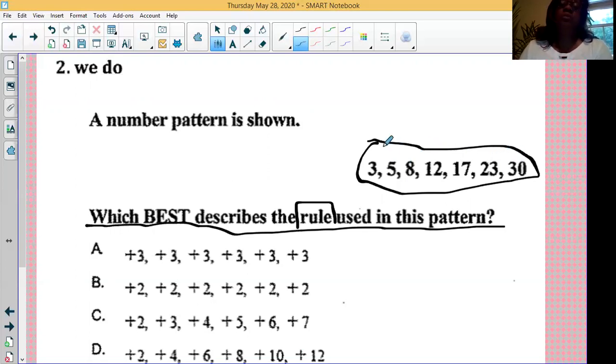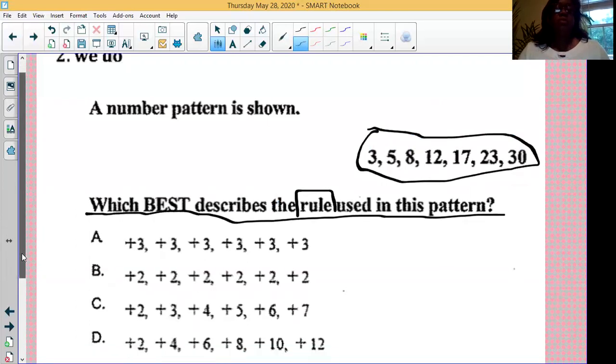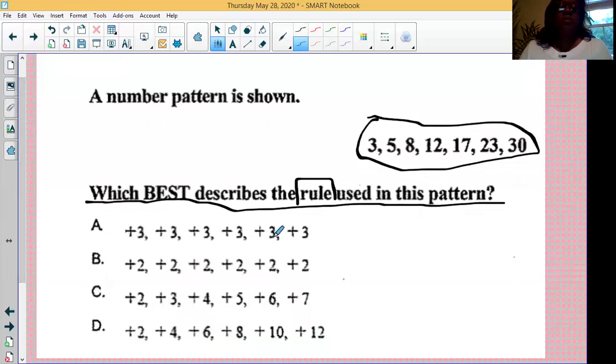Okay, so we know whatever we have is going to be a plus something. We have to figure out what is the rule for this one, which best describes the rule. And notice that when you look at the answer choices, these two are the same, plus 2, and then these vary. So we have to look and see because that's why you have to do every single number.